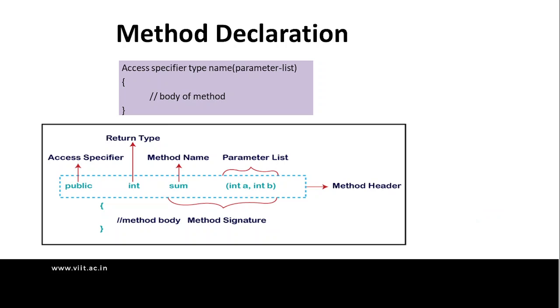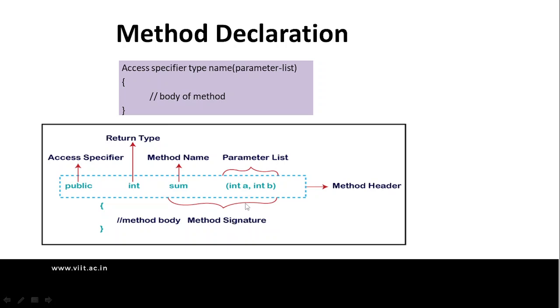Then curly braces with the starting and ending body of the method. The access specifier is public, private, protected, or without an access specifier the method will also work. The return type can be any data type, including primitive data types. Then the method name, then the parameter list, and the method body.